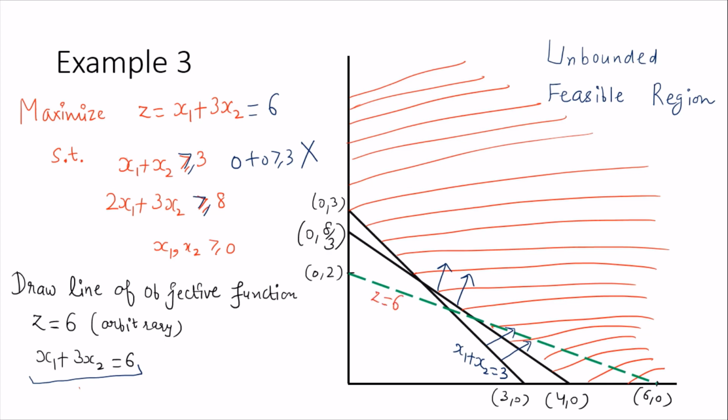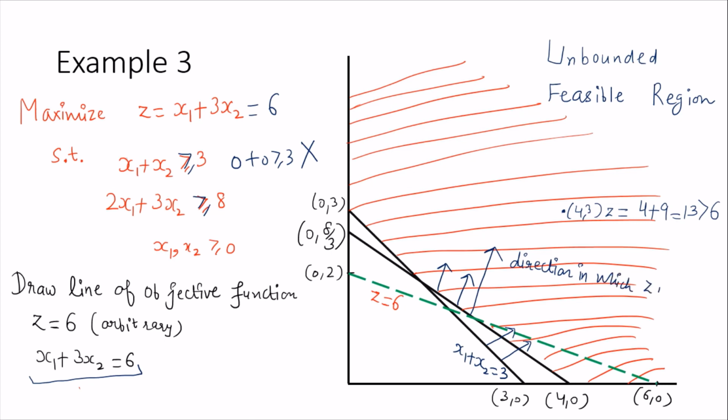After drawing this line, I have to figure out the direction in which z is increasing, because now I either have to maximize or minimize. So you choose an arbitrary point on any side of the line. Here I have chosen (4, 3) on this side, and z turns out to be 13 at (4, 3), which is greater than 6. So that means this is the direction in which z is increasing.